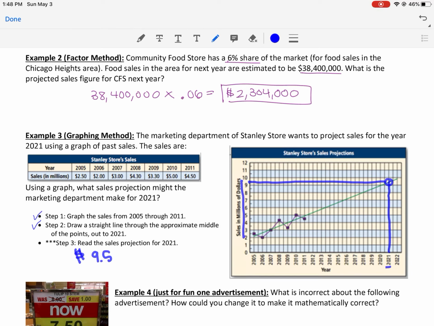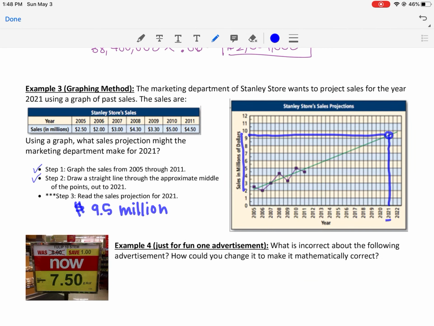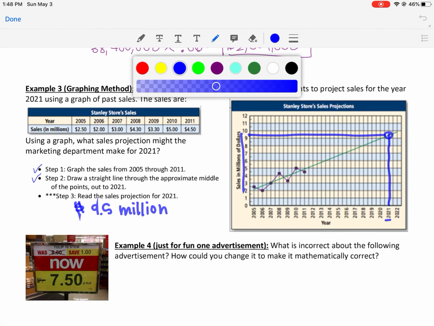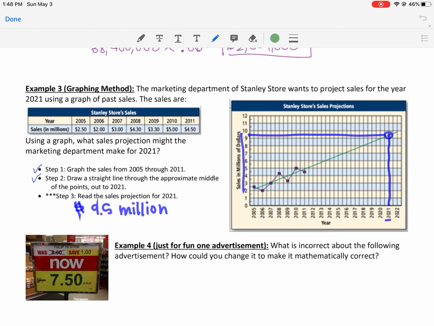So we're talking about $9.5 million would be our projection for 2021. Okay, so similarly, if you wanted to make a projection in this case, they hadn't had 2017, the way you'd make a projection for 2017 is you trace up from 2017 and then you trace over. So maybe that's about 7.5 million.